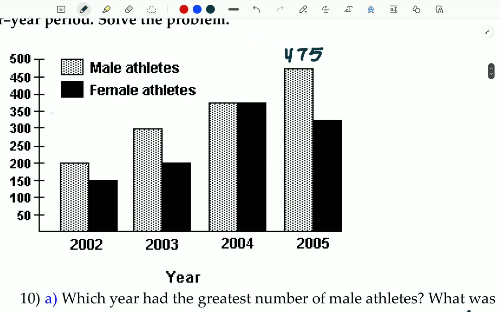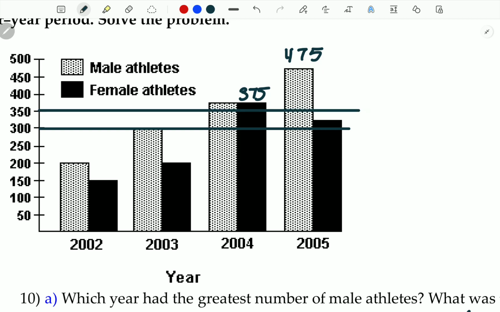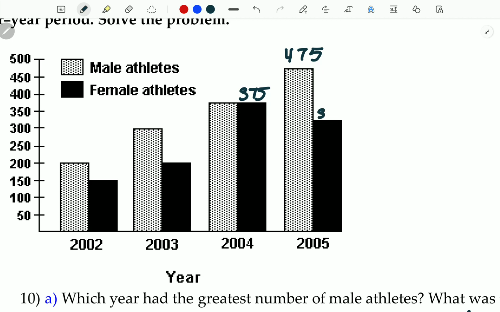In 2004, it appears to be 375 female students. So let's call that 375. And then for the year of 2005, there appears to be 325 female students. So the decrease was by 50.